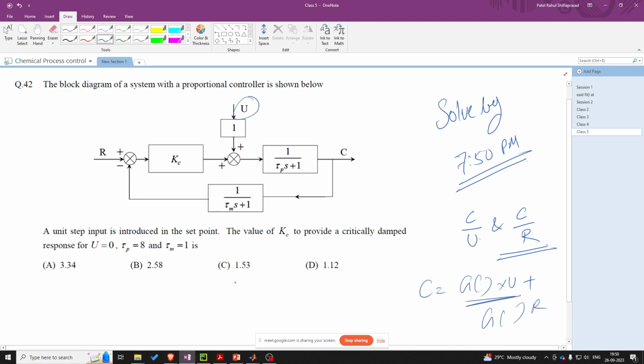So we only need to find the transfer function C of S upon R of S.